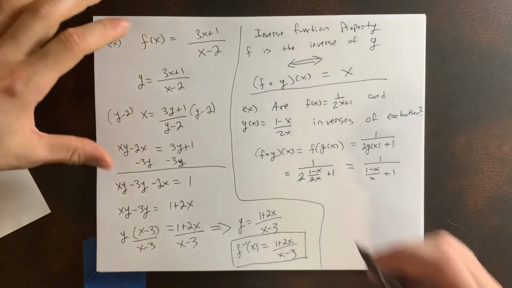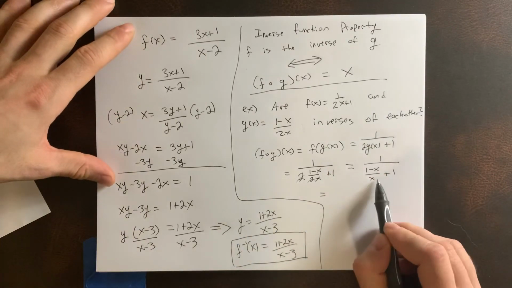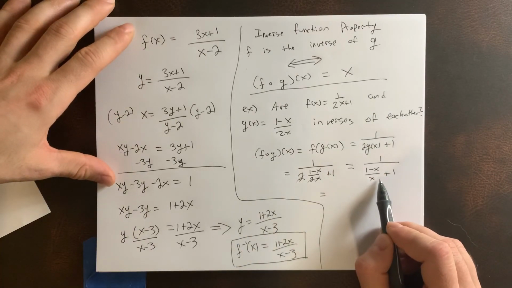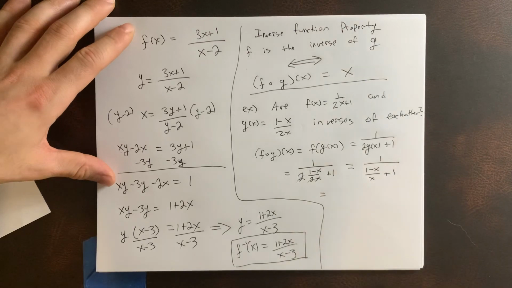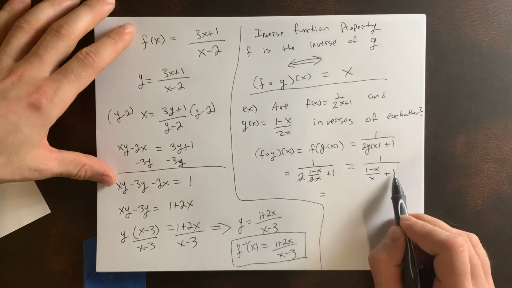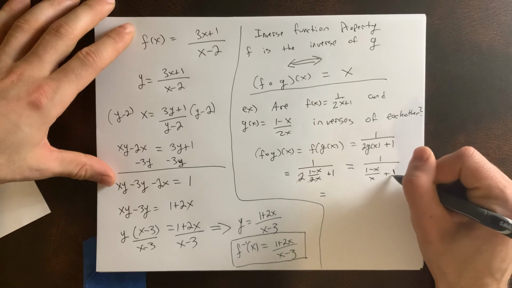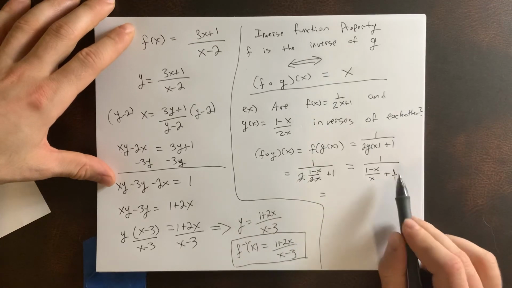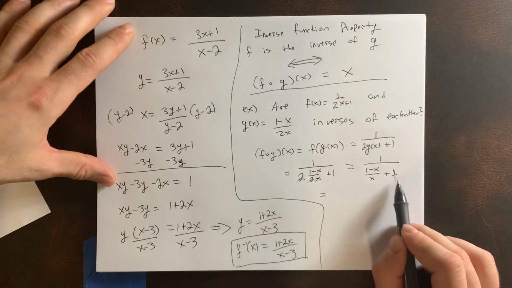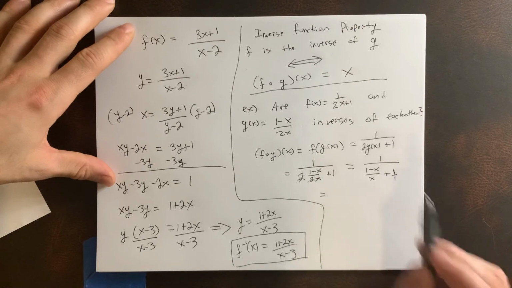So we have to keep simplifying this. On this bottom here, we're going to need to get a common denominator and combine everything to see if we end up getting this property. So how can we combine this fraction with 1? Well, remember this 1 is just like 1 divided by 1. So if there's an x on the bottom of this one, we're going to have to put an x on the bottom of this one. So an x on the bottom and an x on the top.